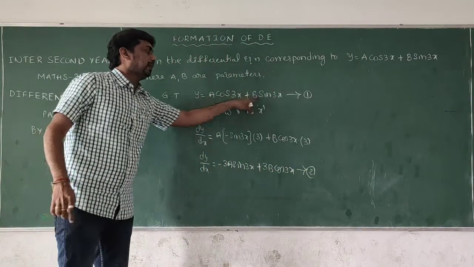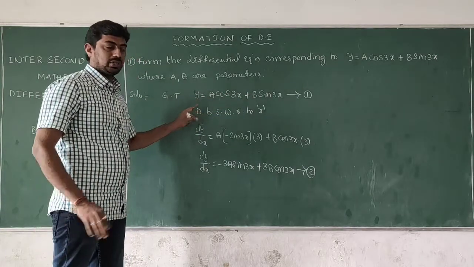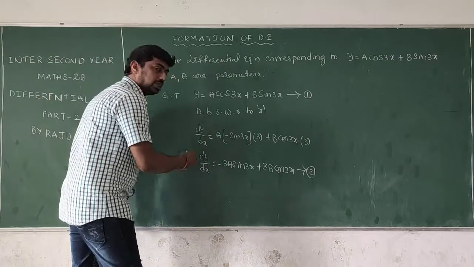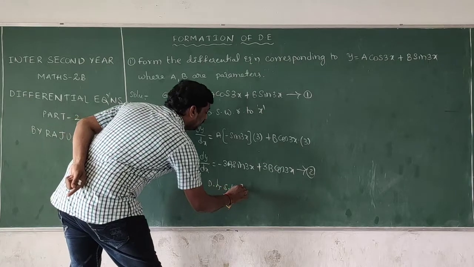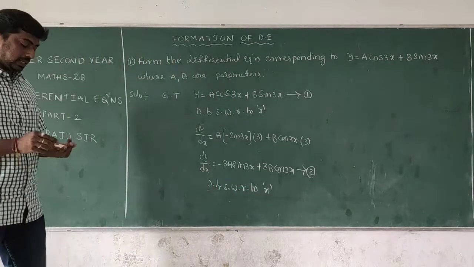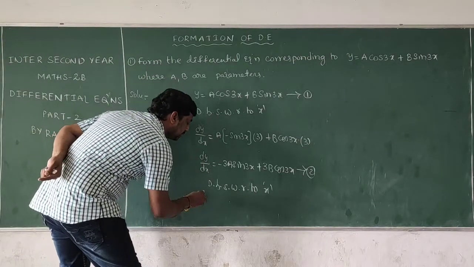Here we have 2 parameters. We have now finished one time differentiation of the given equation. Now, continuing, do the differentiation again. Differentiate both sides with respect to x.